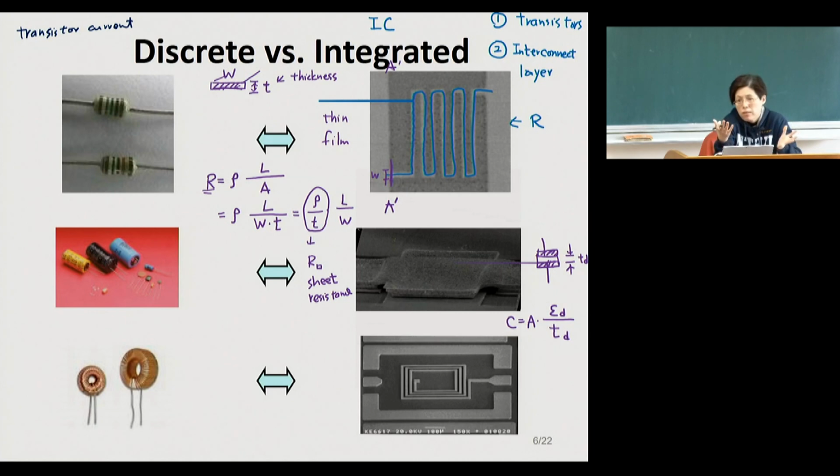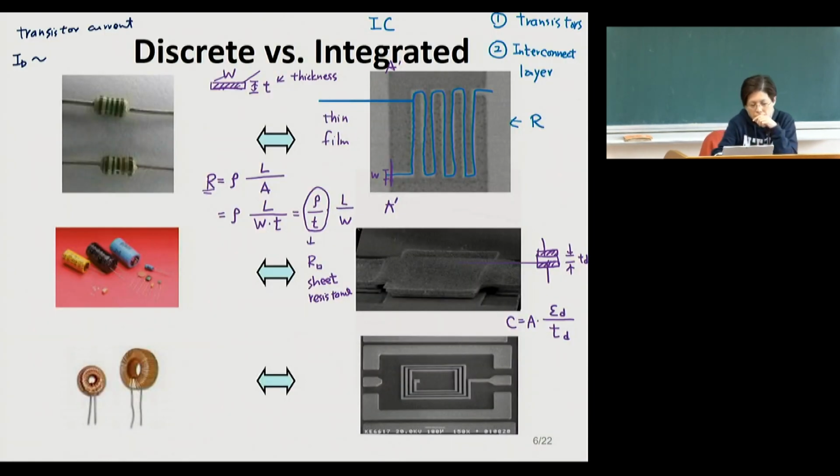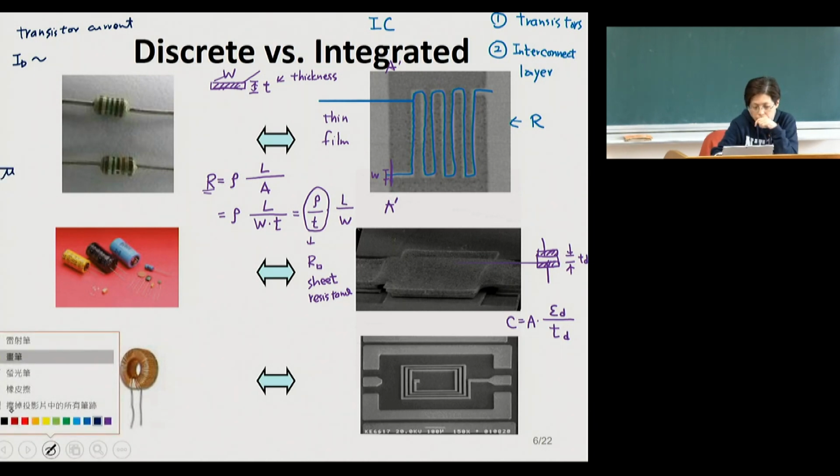In an integrated circuit, for example, in a MOSFET, I_D, okay. What is the range of the current typically? Like in milliamp or microamp or nanoamp? So we start with, let's just line up. Okay. So you start with, everyone knows what micro is, 10 to the minus 6, right?